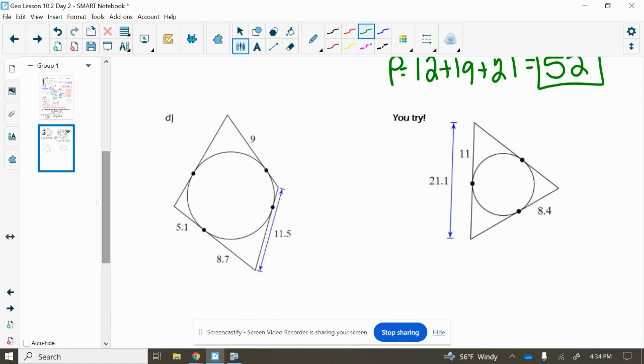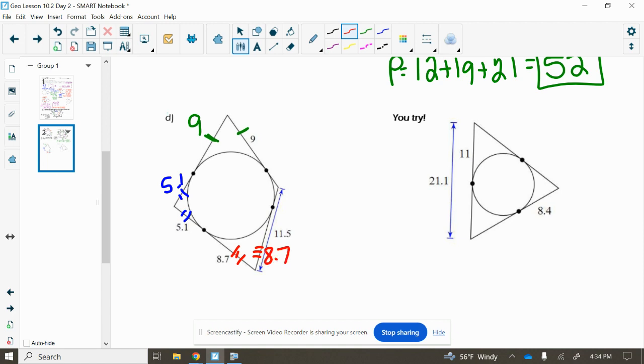Okay, last example together. Again, notice they labeled a couple sides of this time 4-sided figure. So again, we're going to start off by labeling what we know is equal. So we have this little segment, both are 9. Over here, both of these would need to be 5.1, and then 8.7 and 8.7 over here.